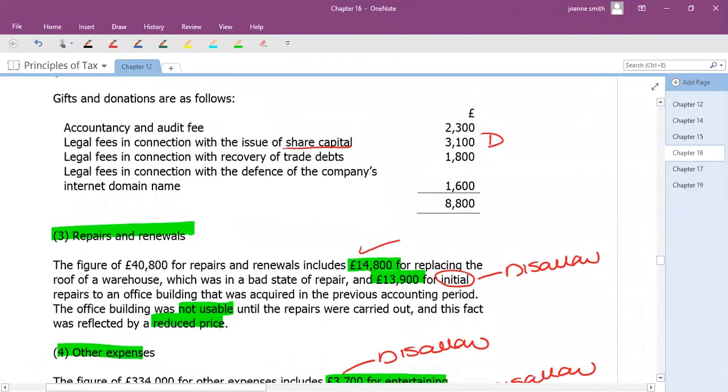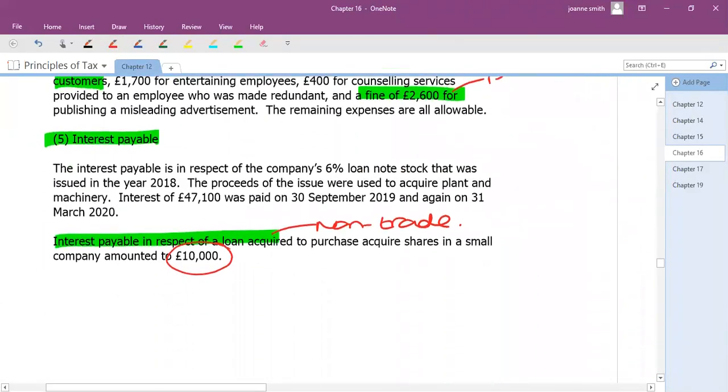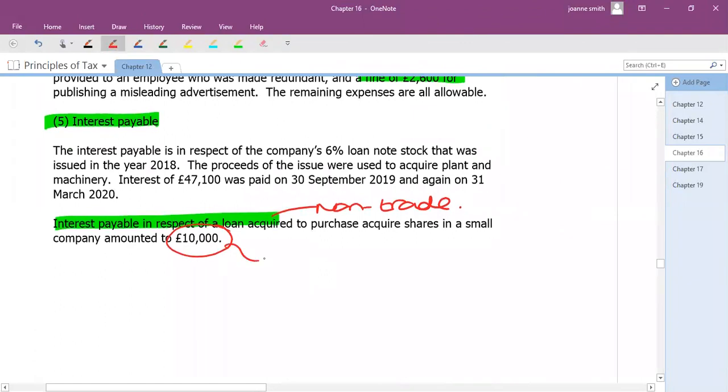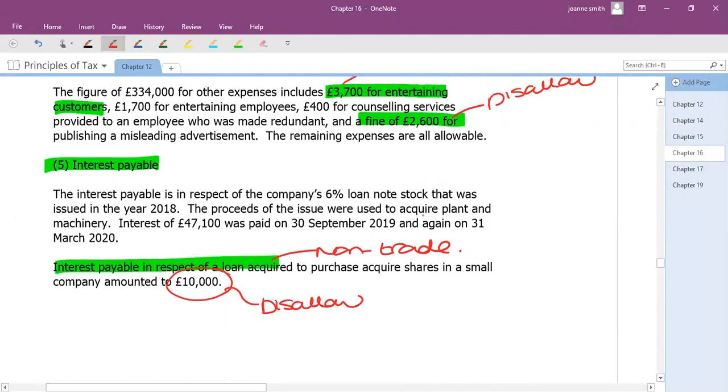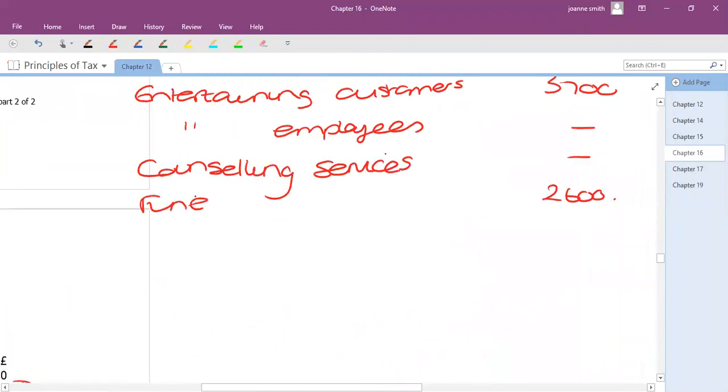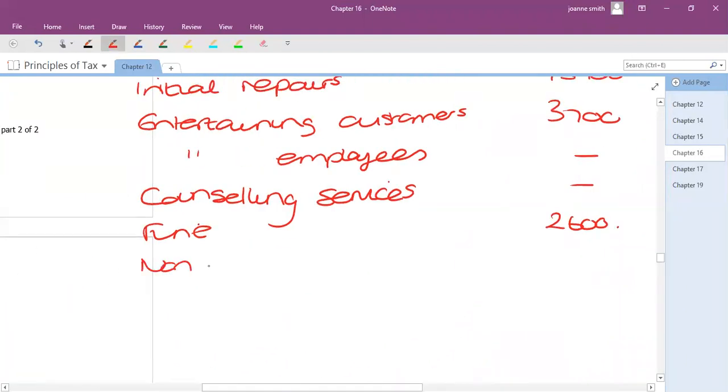Okay, so the total interest is 104, but the bit that we want to disallow is the 10,000, the bit that relates to the acquisition of the shares. Right, this bit here is okay because we use the money to acquire plant and machinery. That's to do with the trade, isn't it? It's the non-trade bit we want to disallow. So non-trade interest.